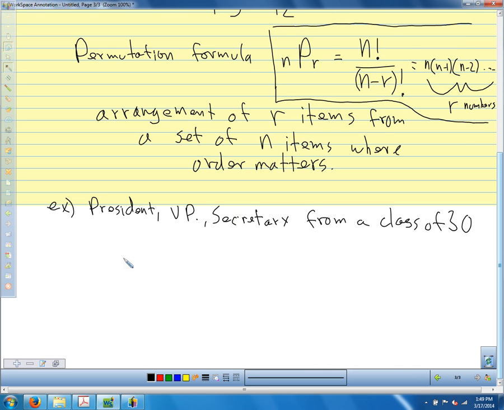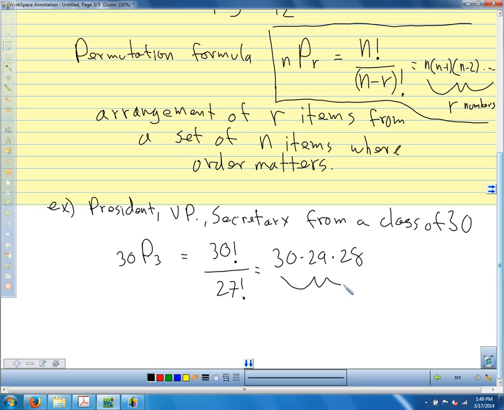That would be 30 P3. So we want to figure out how many arrangements of 3 things out of those 30 that we have. So that would be 30 factorial over 30 minus 3, which is 27 factorial. And that would be 30 times 29 times 28.